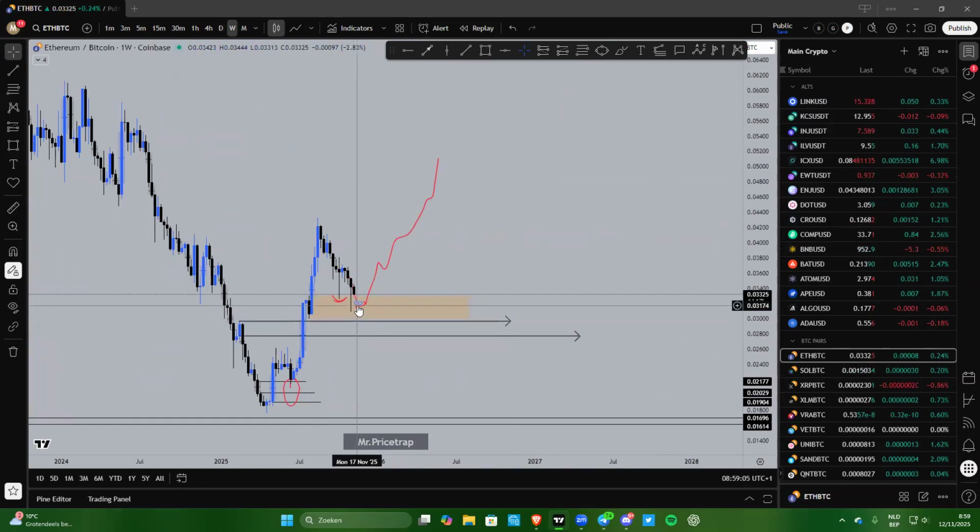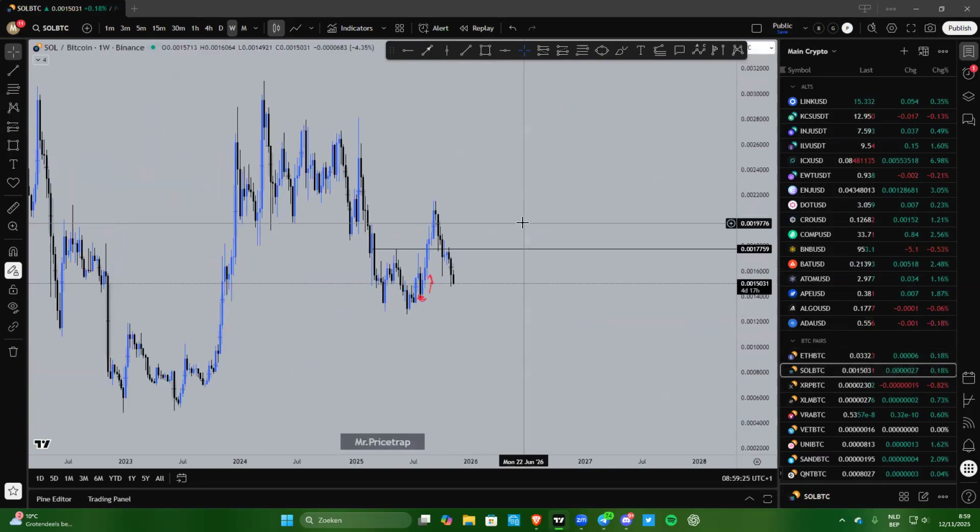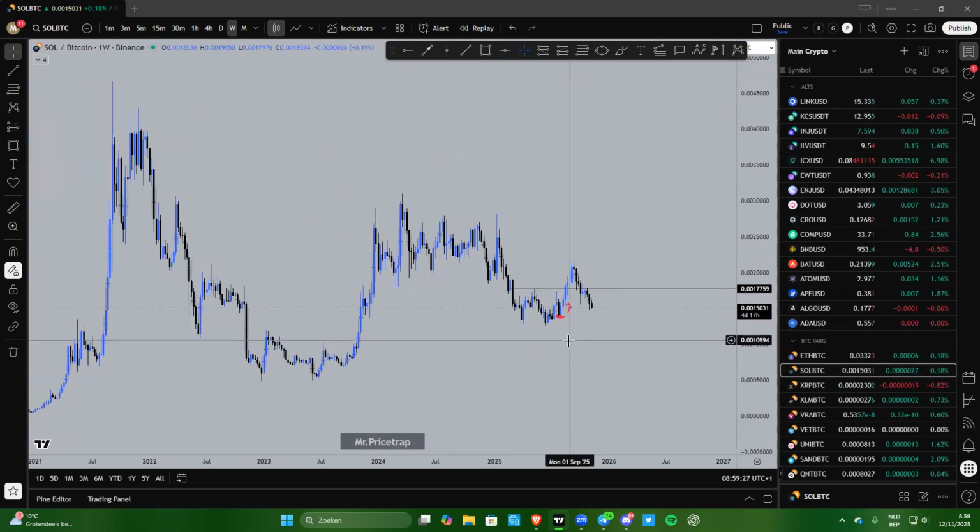So in my opinion, this is a great opportunity to maybe switch. Like I said, I'm not saying you have to do this, but it's an opportunity to switch your Bitcoin into Ethereum, see the run up, and then switch back to Bitcoin, and so on and so forth.